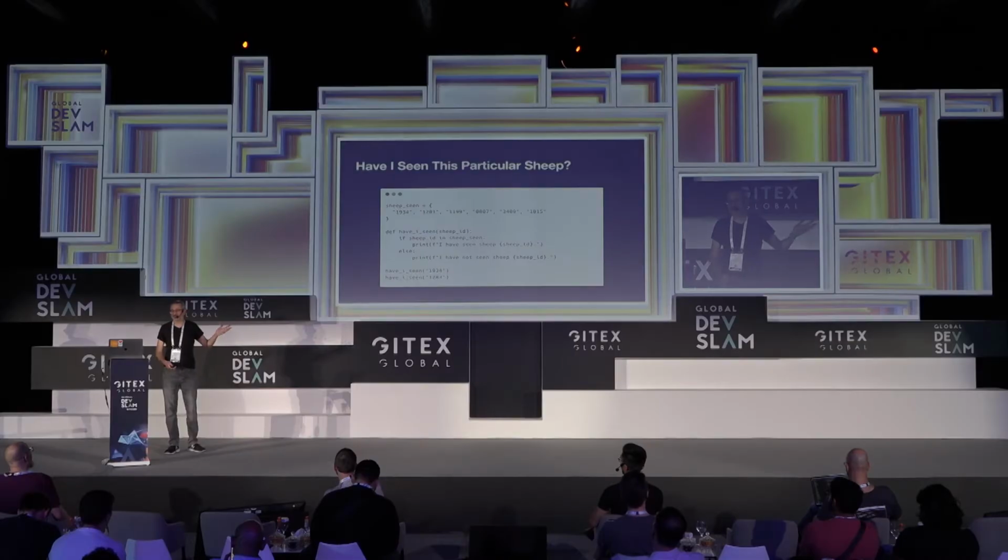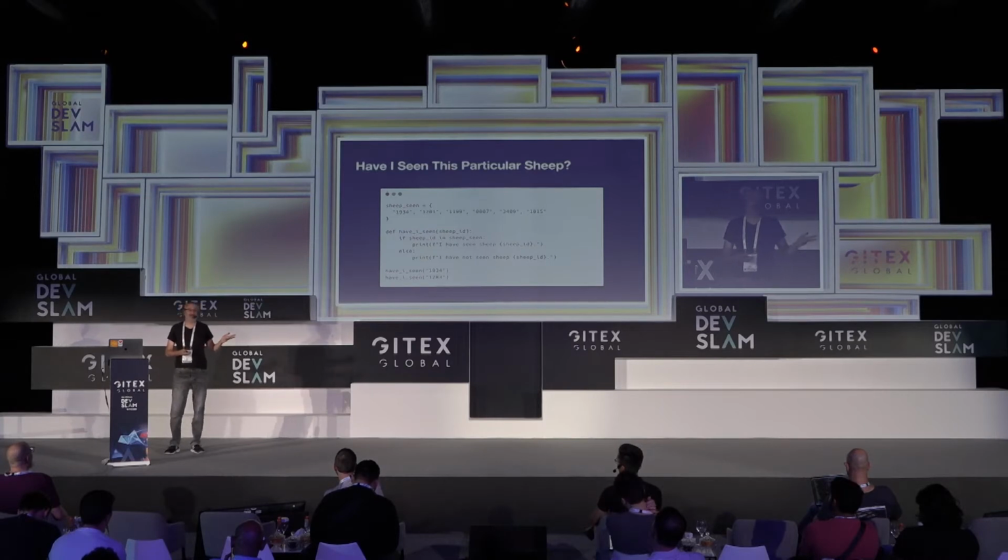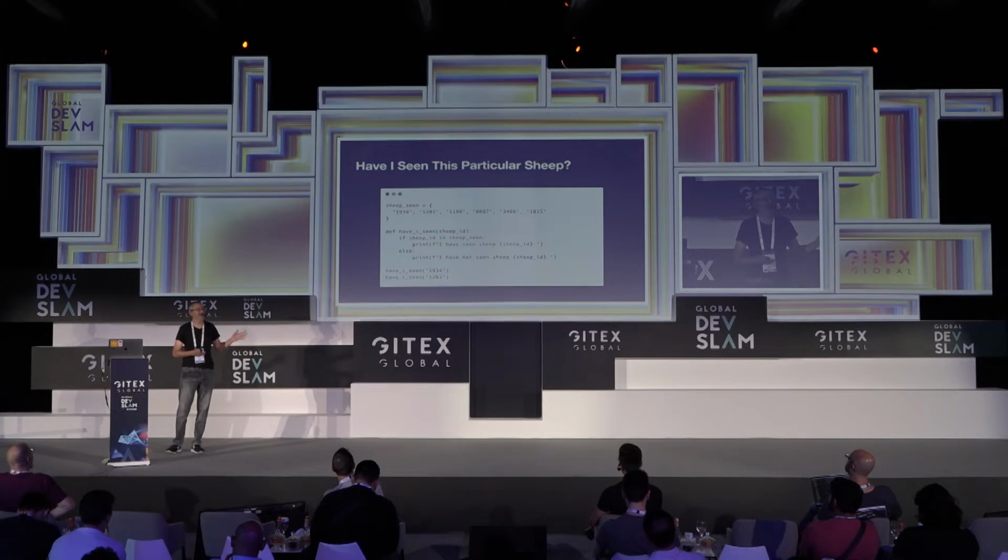It deduplicates them for me. As we've seen, I can see how many there are. And then I can say, oh, have I seen a particular sheep? So is some ID in the set of sheep IDs that I've seen before? And it's going to say, yes, it is, or no, it isn't. And it's going to be right 100% of the time, always.